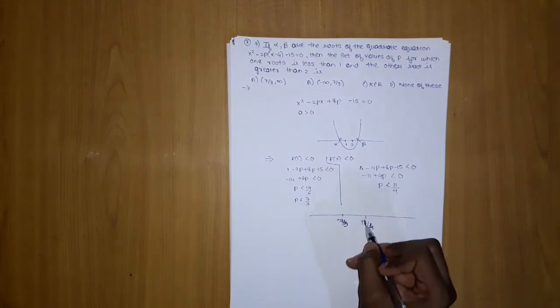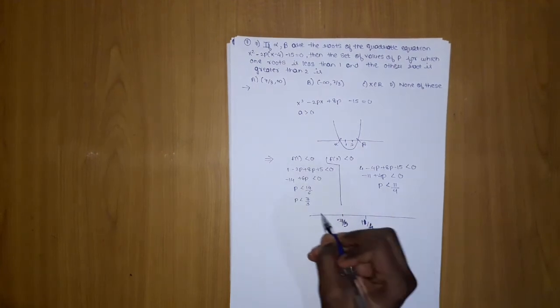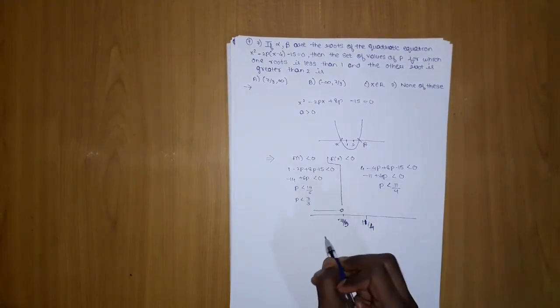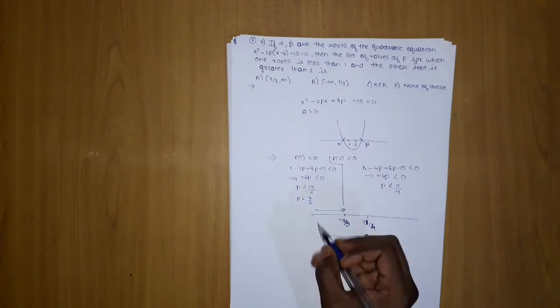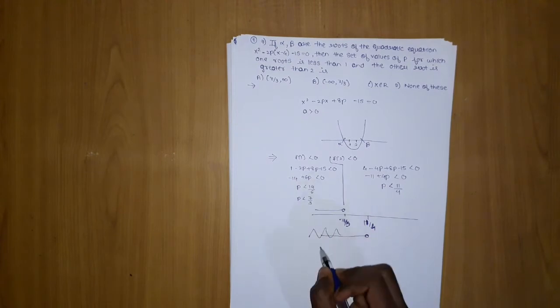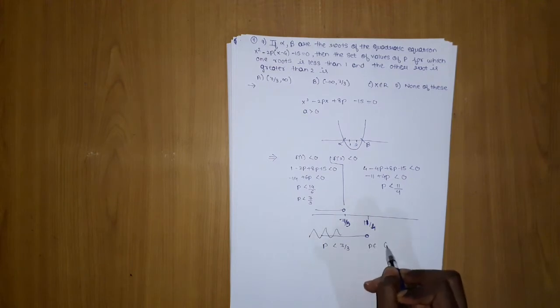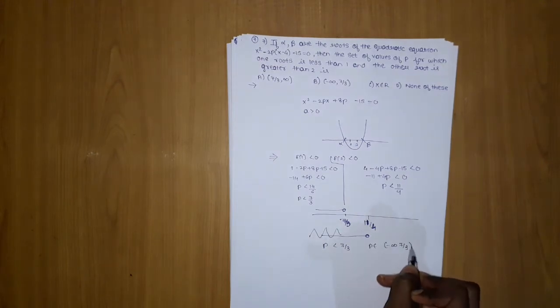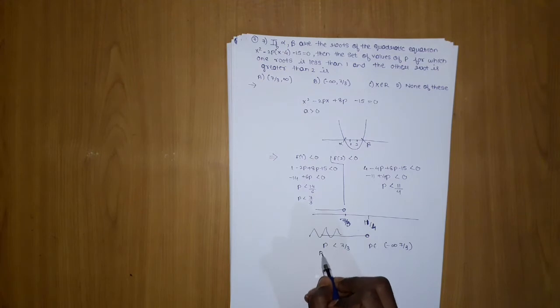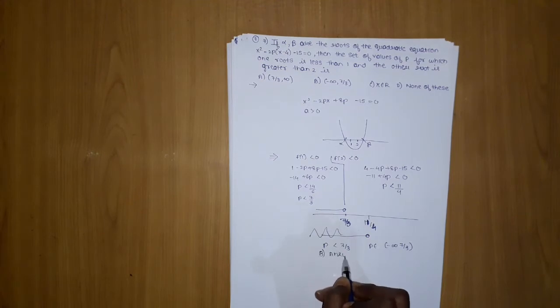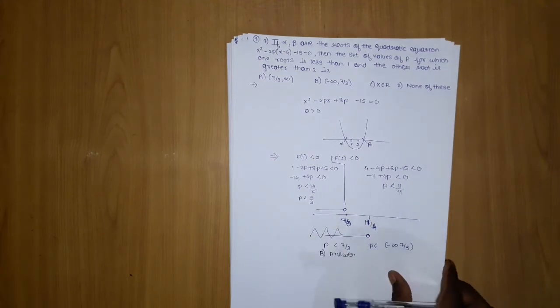It is less than this, and it is less than this, so we will take the intersection, this part. So p is less than 7 by 3, so p belongs to minus infinity to 7 by 3. So what is the option? B is the answer. So we are done with question number 7.